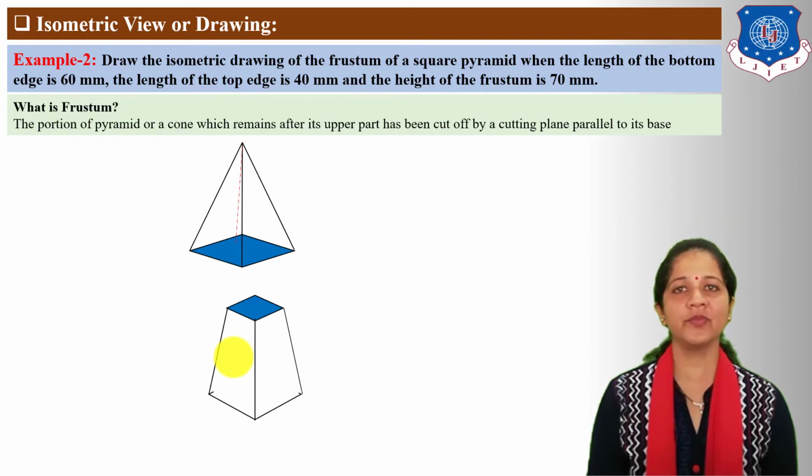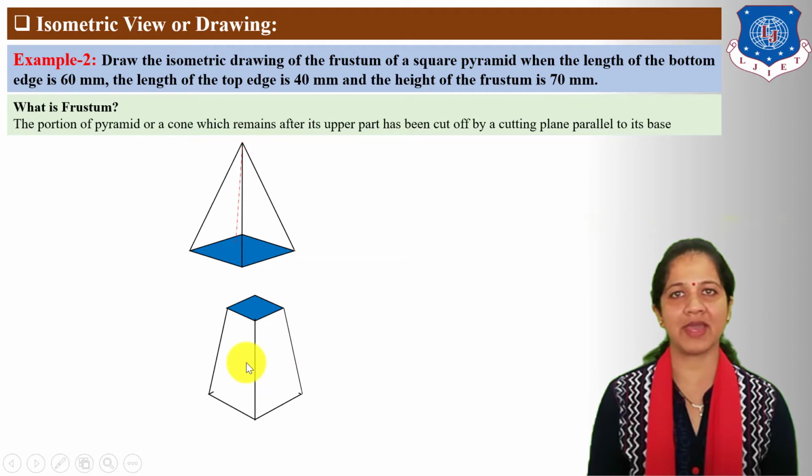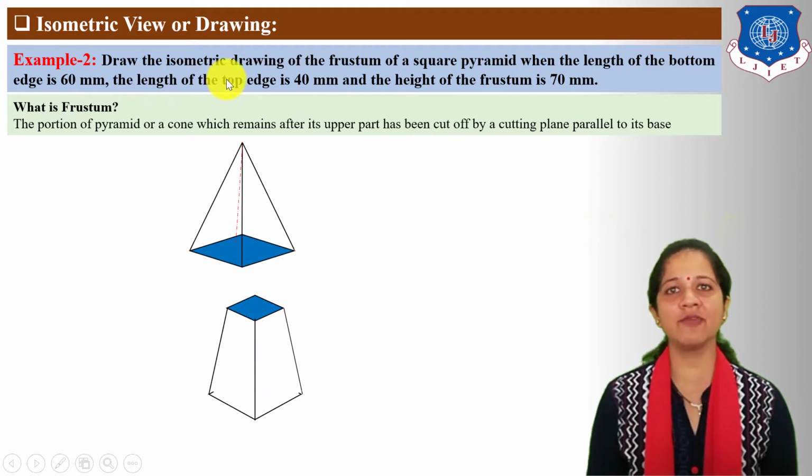Next, assume the front view and top view of the frustum of the square pyramid, because as per the given data, 2D views of the frustum are not given. So here we need to assume the front view and top view.